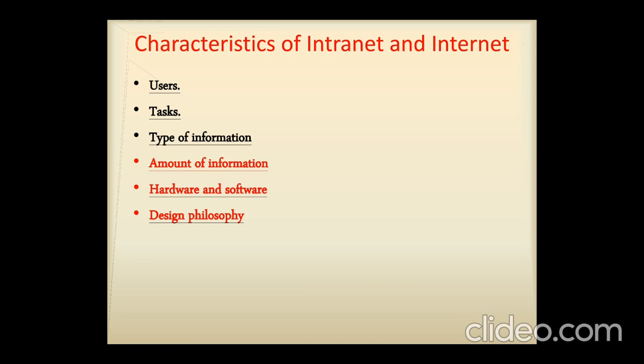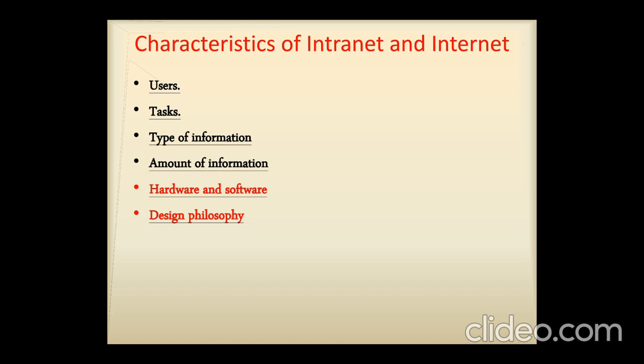So the amount of information. Typically, an intranet site is much larger than the organization's internet site. Massive amounts of information and processes seem to be needed to make an organization function. It has been estimated that an intranet site can be 10 or 100 times larger than the corresponding public site.